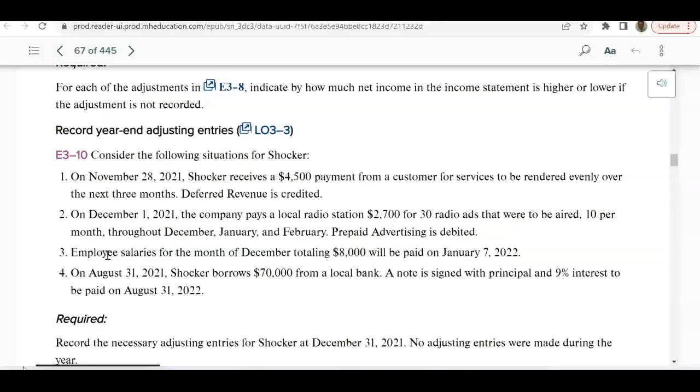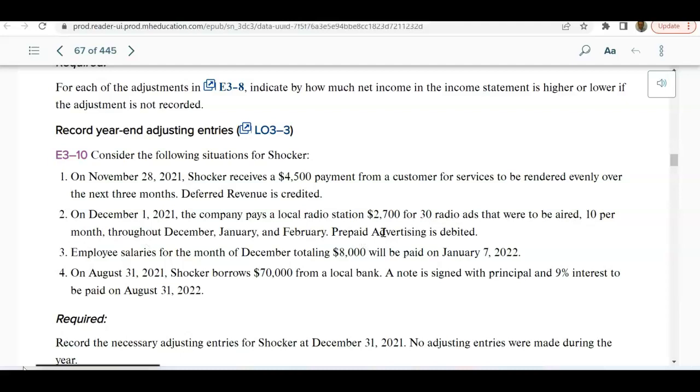Sharing my screen again. Okay, so the next one says on December 1st of 2021, the company pays a local radio station $2,700 for 30 radio ads that were to be aired 10 per month.